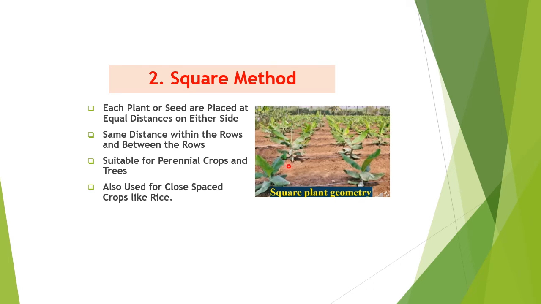This pattern is suitable for perennial crops and trees. It is also used for close spaced crops like rice. The same pattern is followed for rice also, the square method.